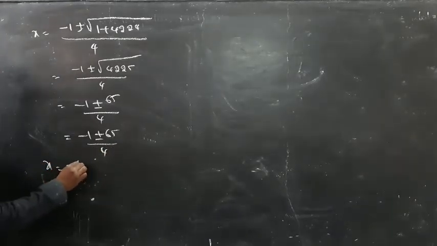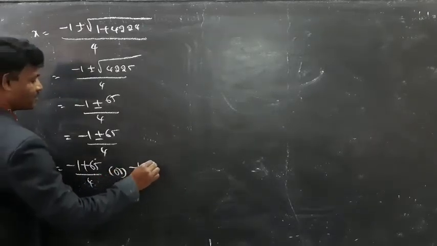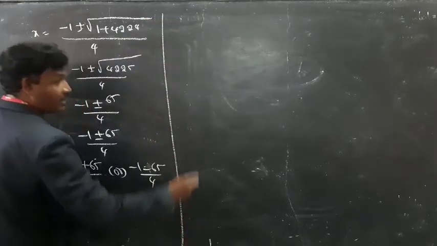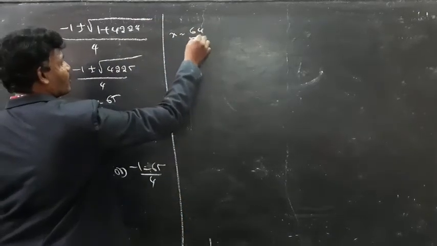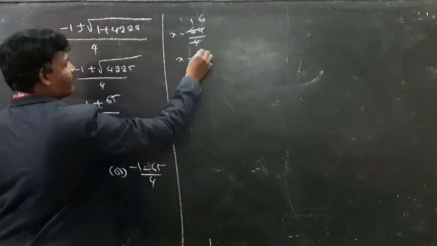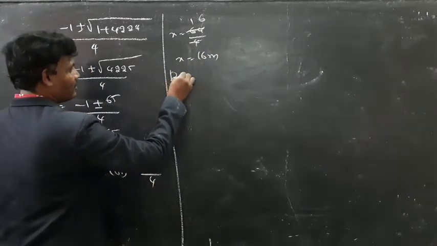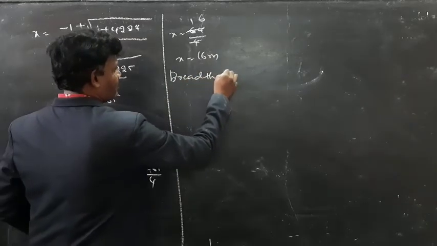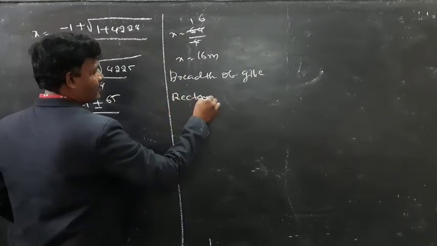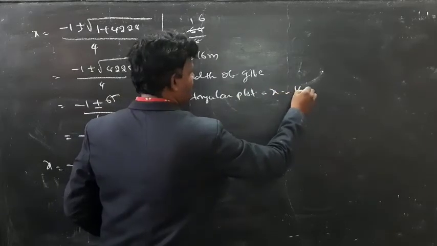So x is equal to minus 1 plus 65 by 4 or minus 1 minus 65 by 4. According to that, the value of x is 64 by 4, which is 16. So x meters, which is the breadth of the given rectangular plot, is 16 meters.